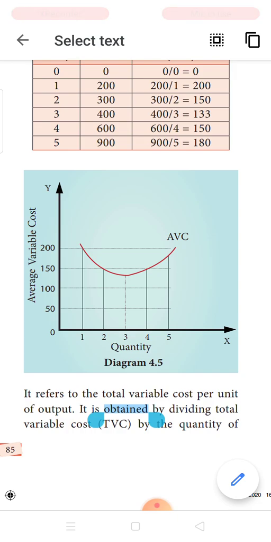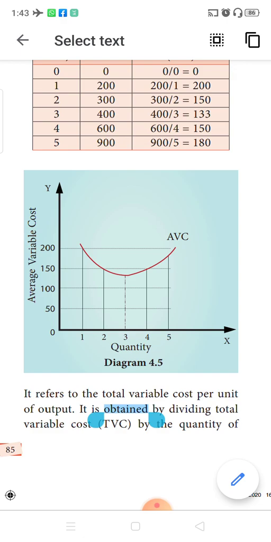When 3 units of output are produced, the average variable cost is 133. When the 4th unit is produced, it has started to increase. You could see the curve moving upwards. Initially from 200, it fell to 150, and fell to 133 at 3 units of output. When 4 units of output are produced, average variable cost has started to increase to 150, and then again to 180.